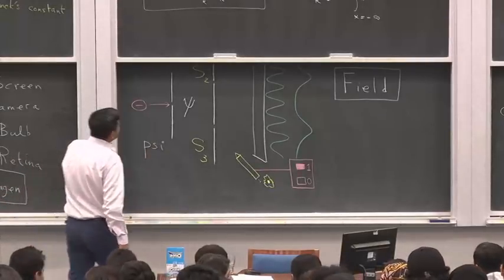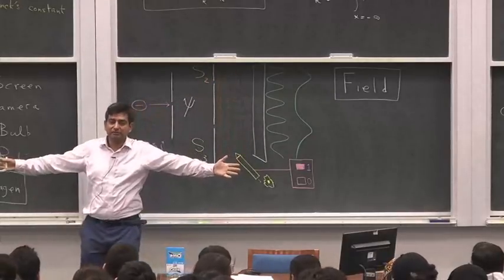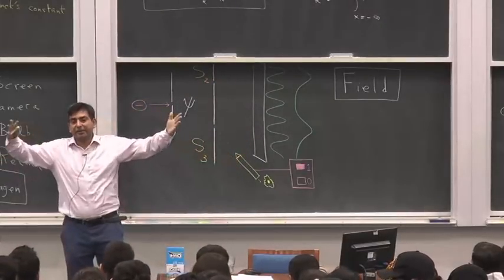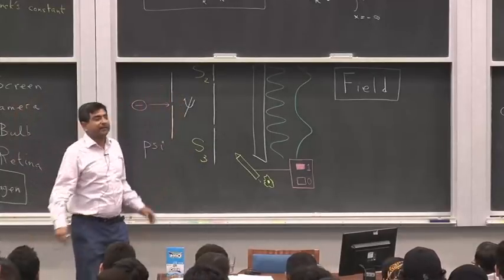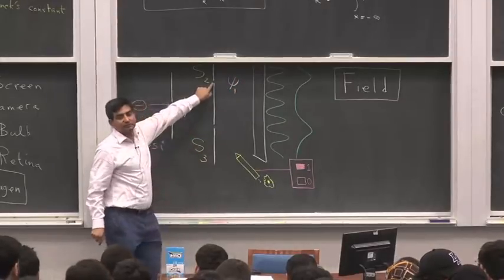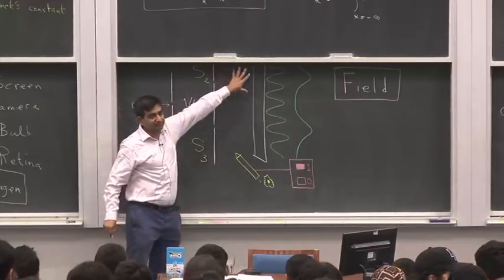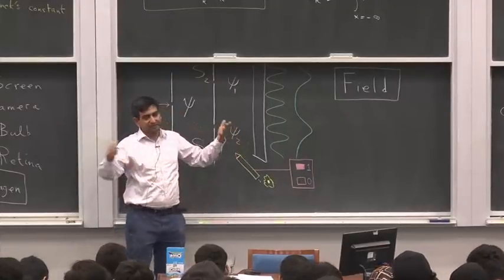Now, when you pass the electron in this region, where is the electron? It's everywhere. So, listen please. What you can say is that there is a field associated with the electron taking this path, and there is a field associated with the electron taking this path.